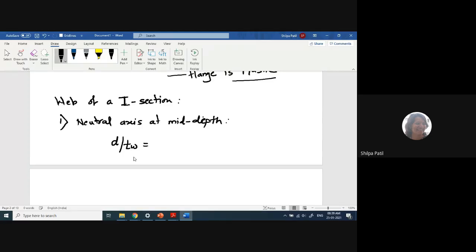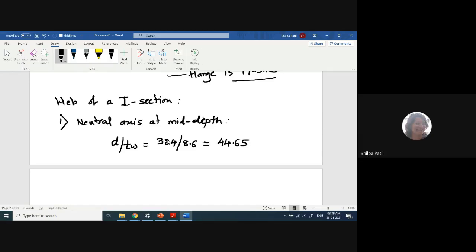What is D? 384. 384 divided by TW, 8.6. Tell me the value. 44.65.